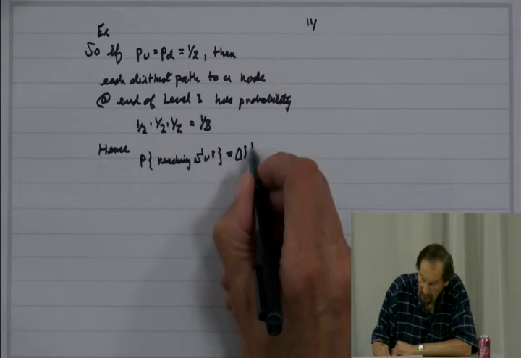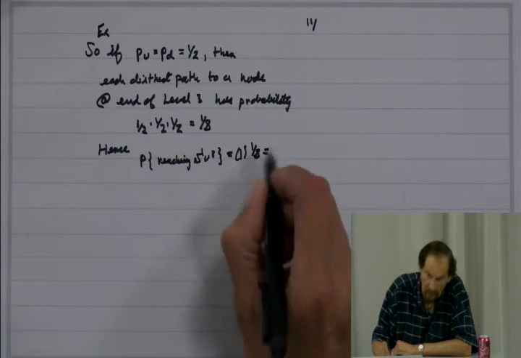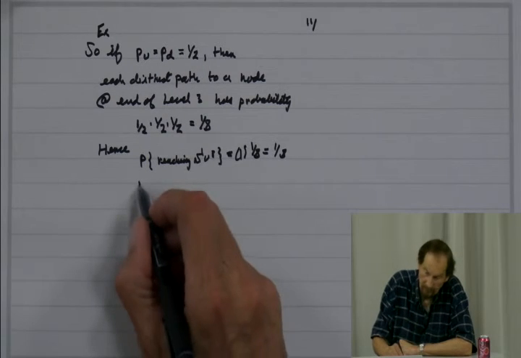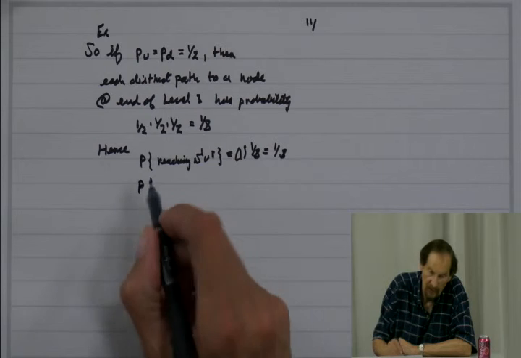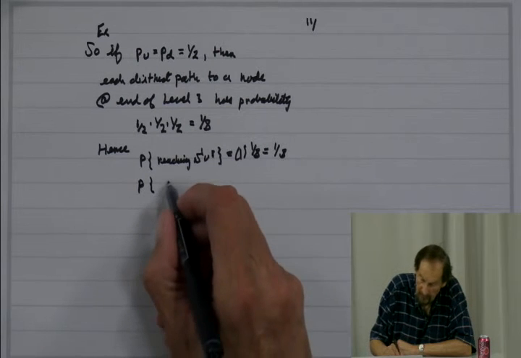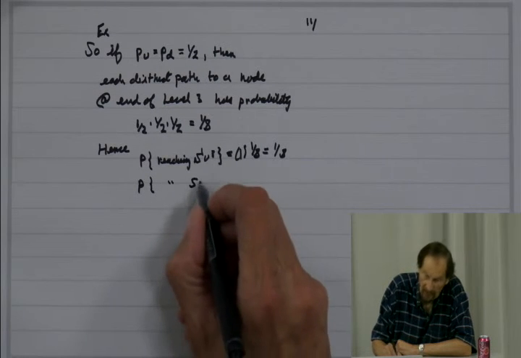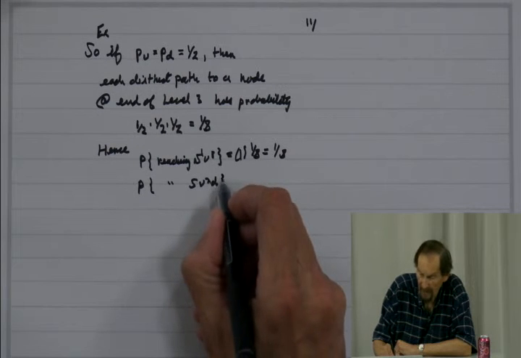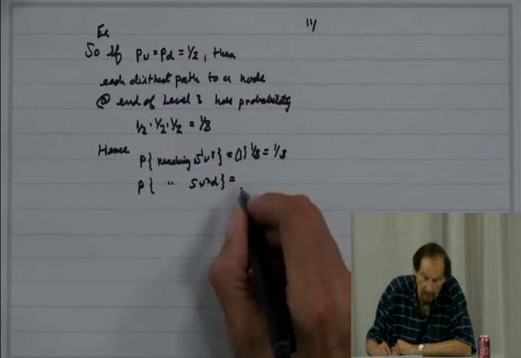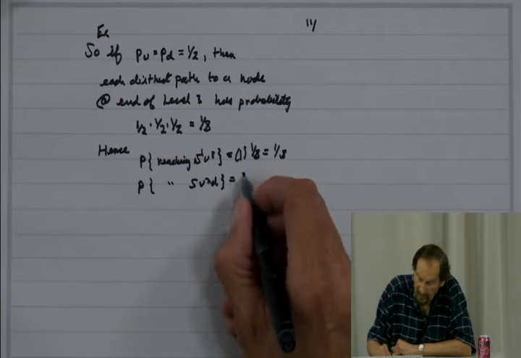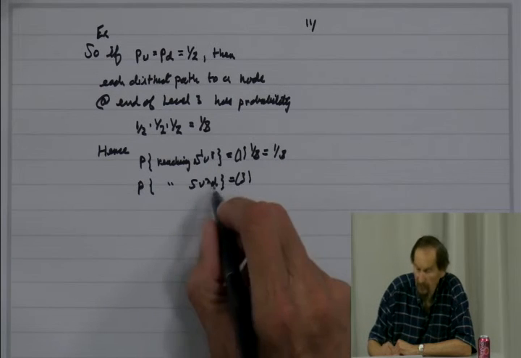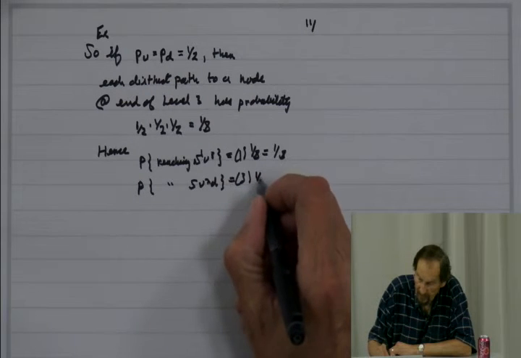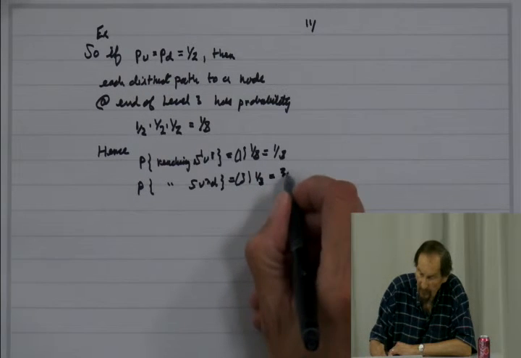There's only one way to reach there, so 1/8. And the probability of reaching S u squared d, so 2 up moves and 1 down move, equals 3 possible ways to reach that node times 1/8, equals 3/8.